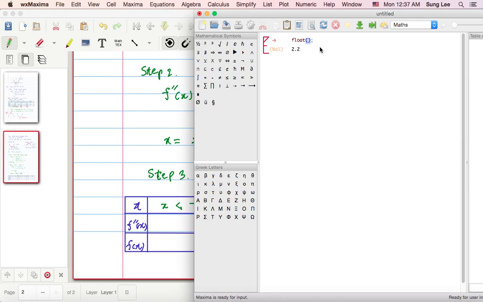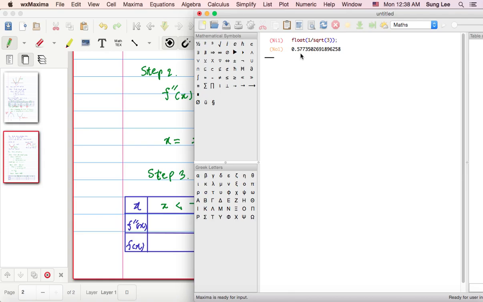Okay, so we have 1 over square root of 3. Okay, square root of 3. So let's see. I'm just trying to get the floating point approximation. Yeah, my computer is slow. Come on.